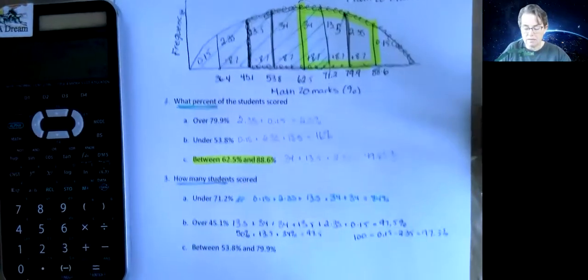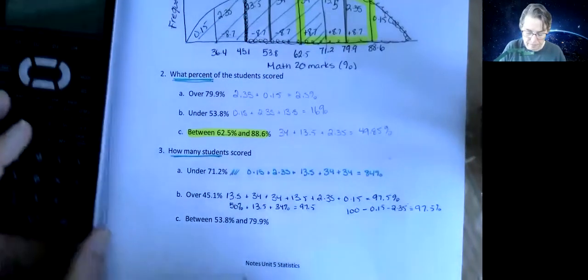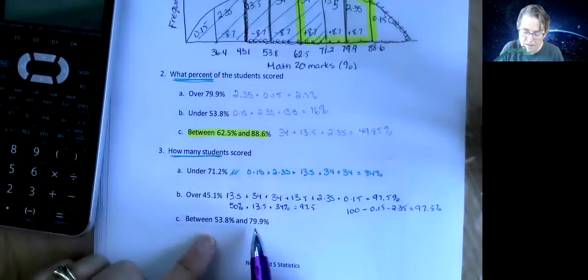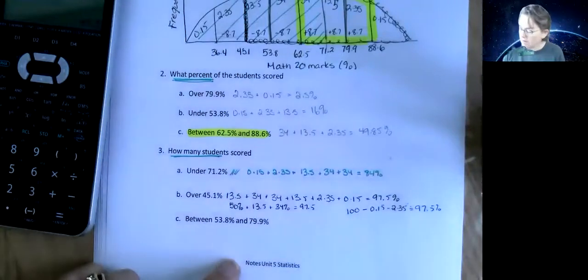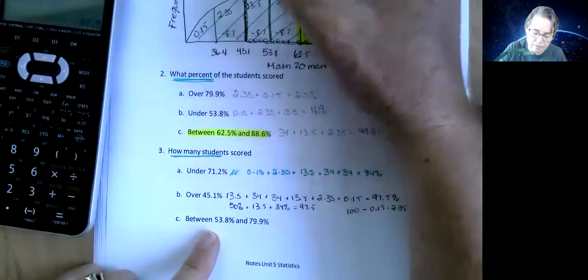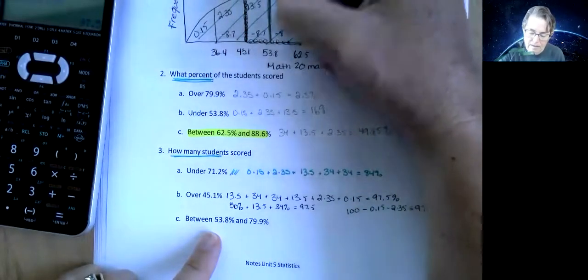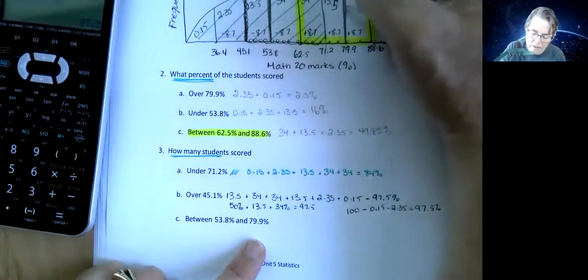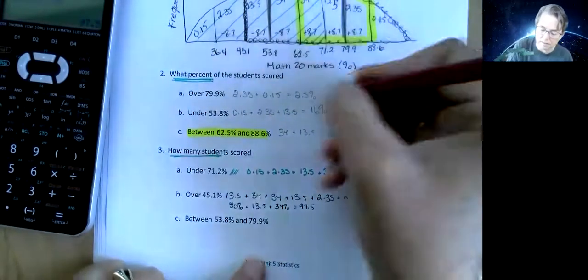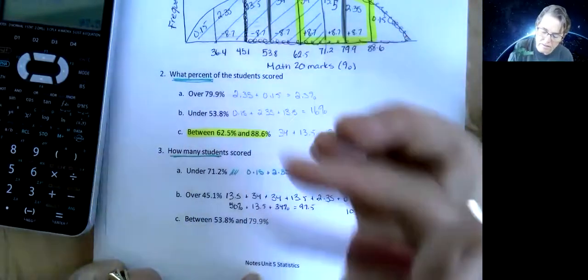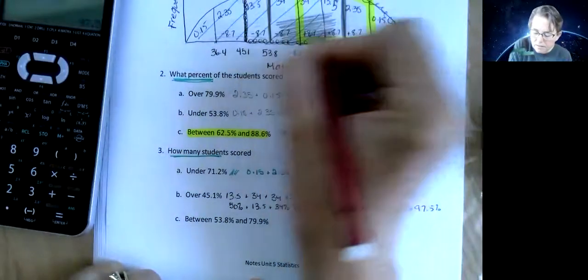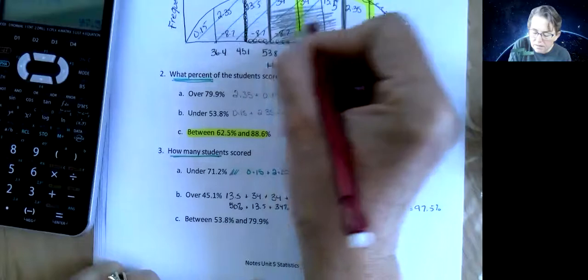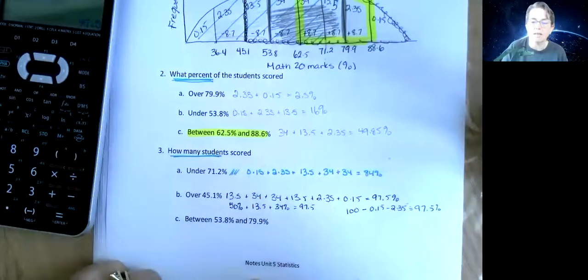All right, the last one here, between 53.8 and 79.9. My graph is getting really, really messy. 53.8, that's this one, and 79.9, that's that one. A dark area.